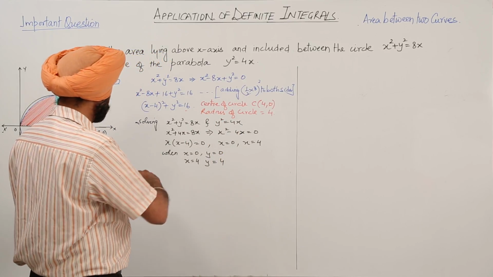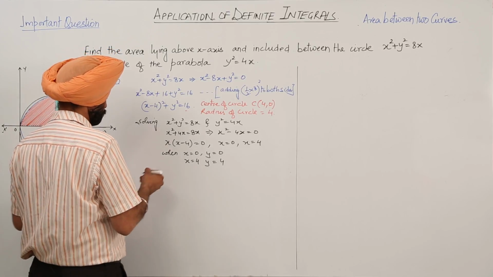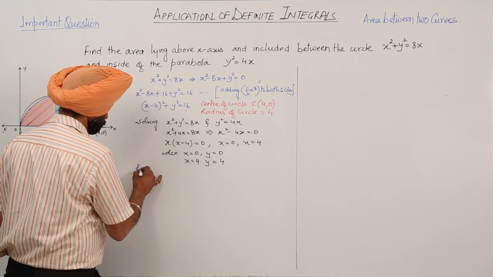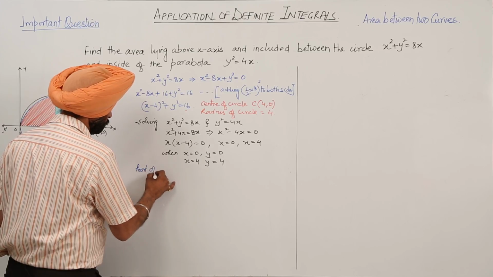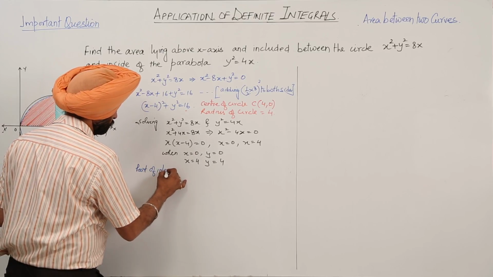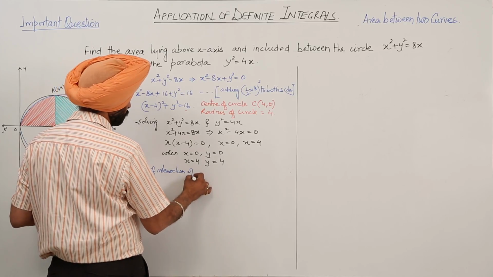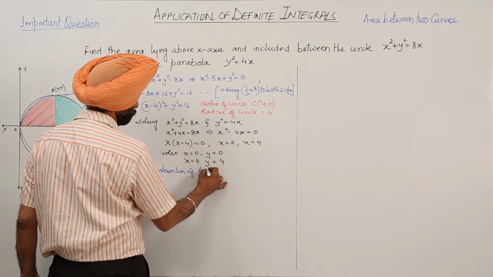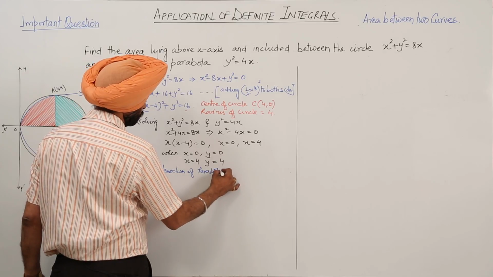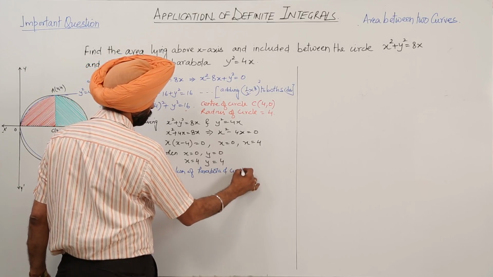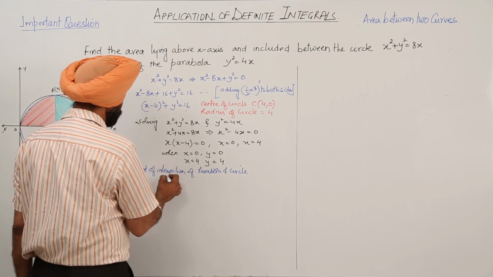So the points of intersection of the parabola and circle. Now what are the points of intersection?